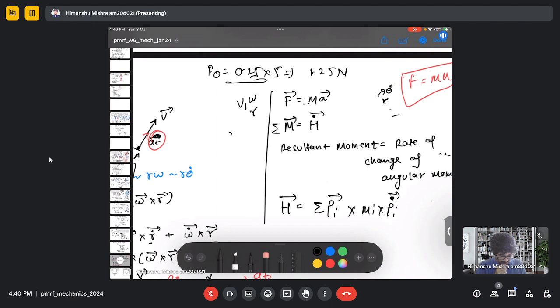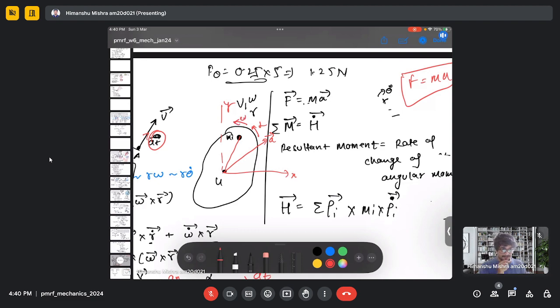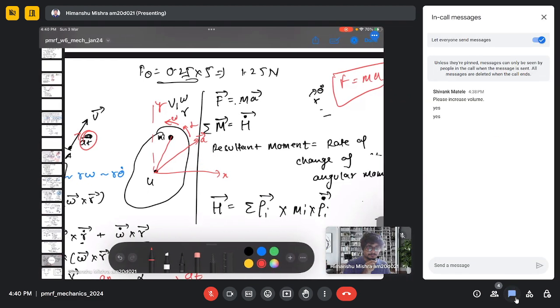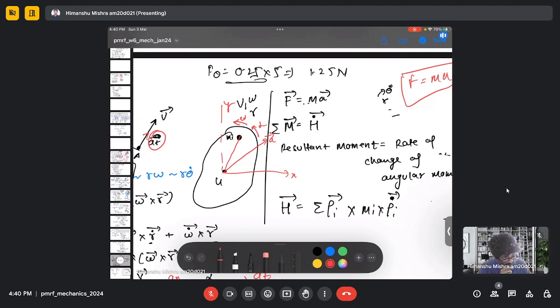So here let's say you have a body and G is your center of mass, and here you have a particle of mass m i. This is your x-axis, this is your y-axis. And here is your acceleration, and this is your angular acceleration and angular velocity. This is your vector rho i.